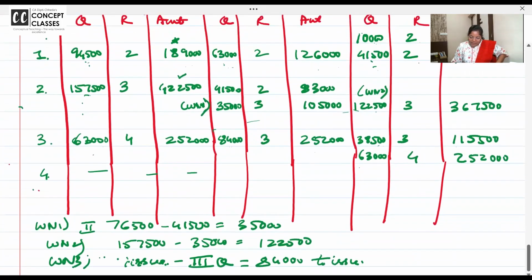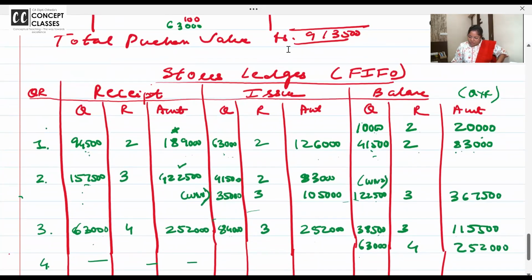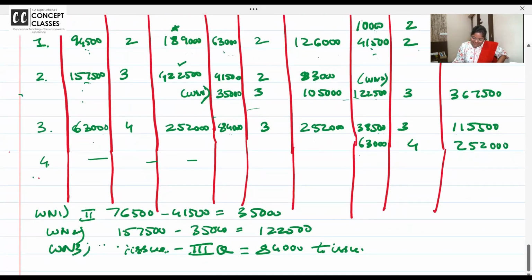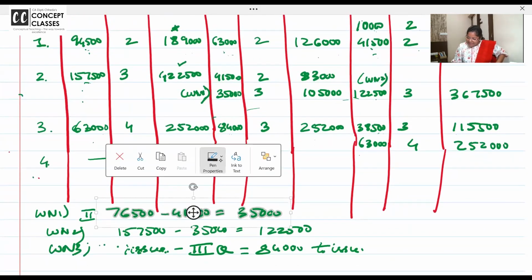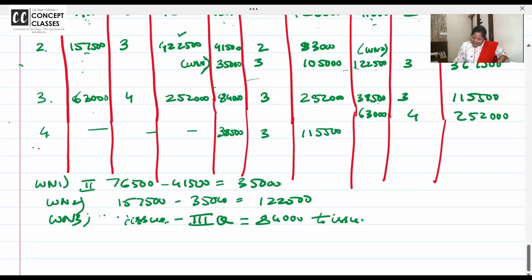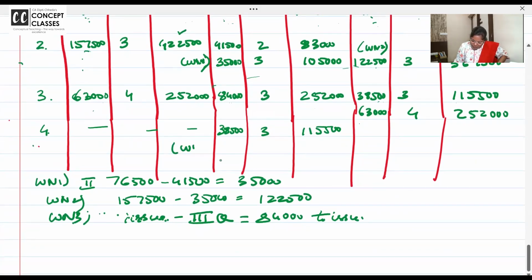Okay. Now in the fourth quarter, how much is issued? 96,500. 96,500 I have to issue. So 38,500 I will issue first. 38,500 at 3 bye. I want all of you to write here working note 4.